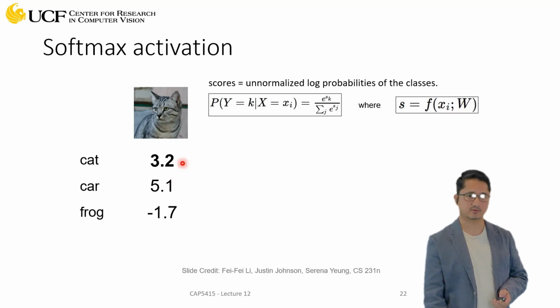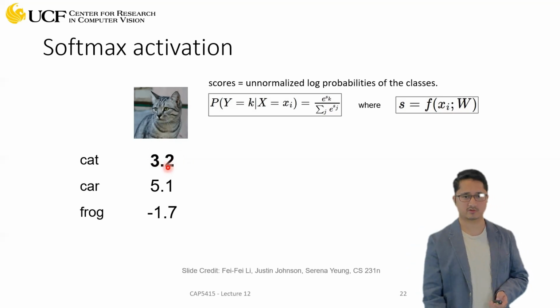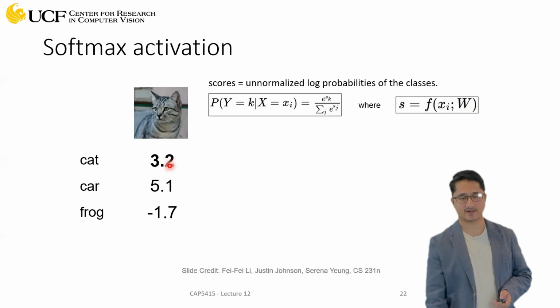Sigmoid will look at 3.2, and then maybe you will have some kind of upper threshold, and then it will directly convert this to 0 and 1 without looking at this 5.1. But softmax, when it's trying to convert this to a probability, will also look at this particular value.